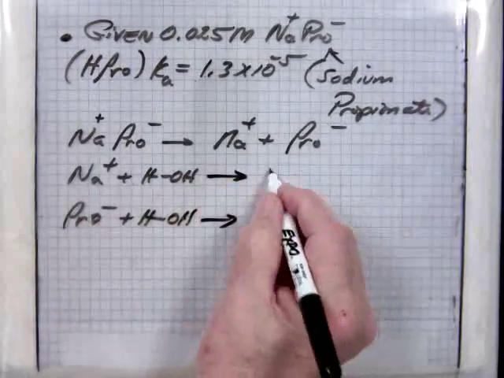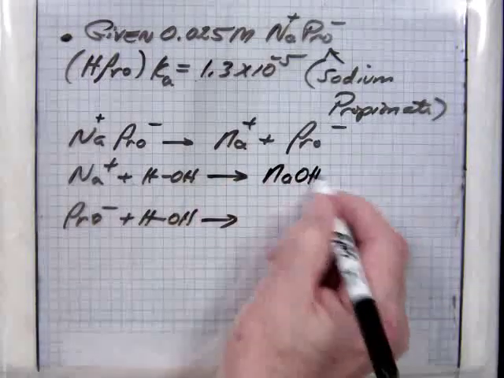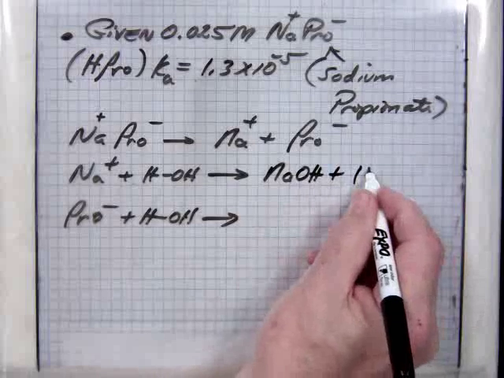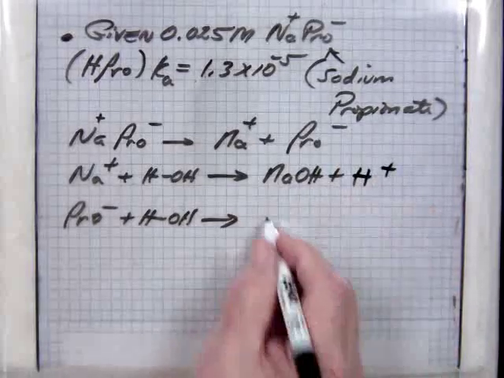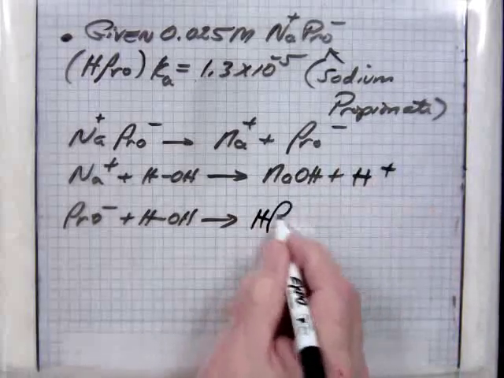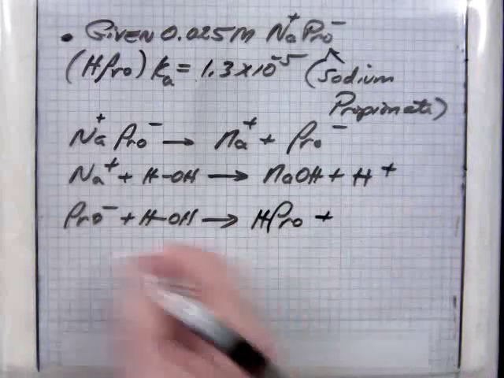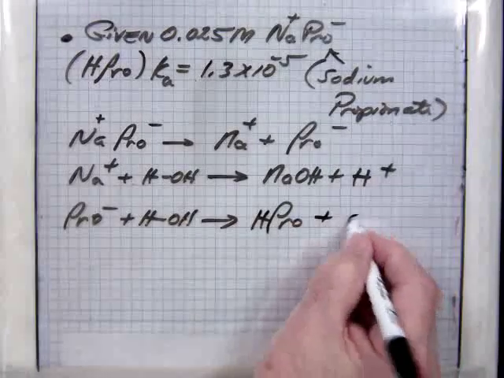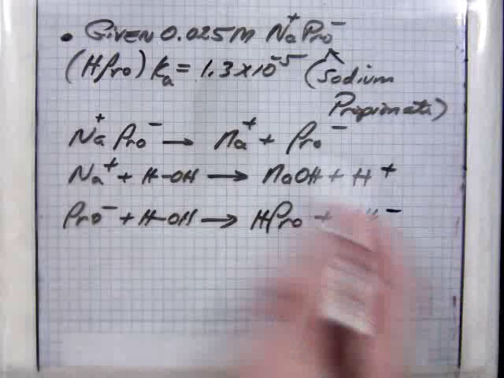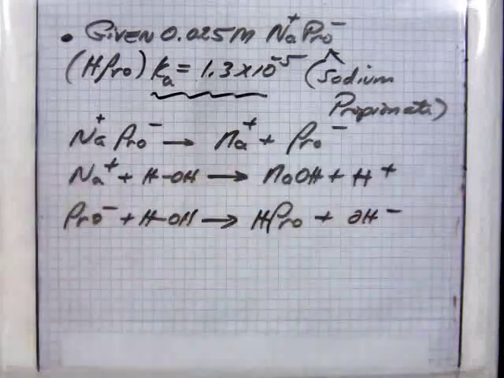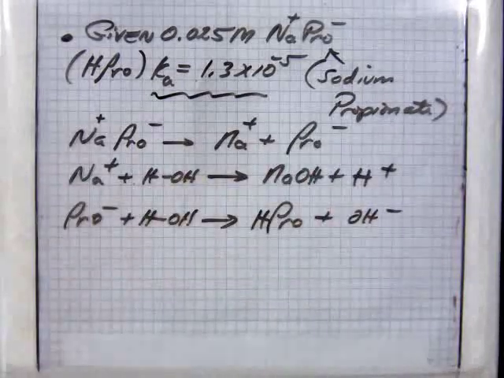And so this will theoretically give you a sodium hydroxide and a hydronium ion left over, and this one gives you propionic acid with excess hydroxide left over. And I'm giving you the propionic acid Ka in the problem, so that, like I said, it would be a given.